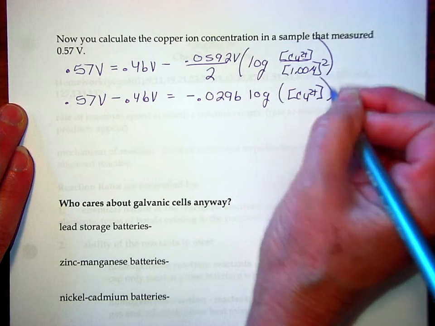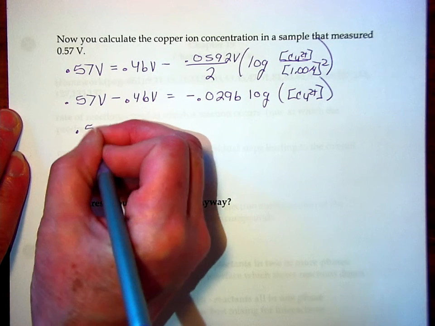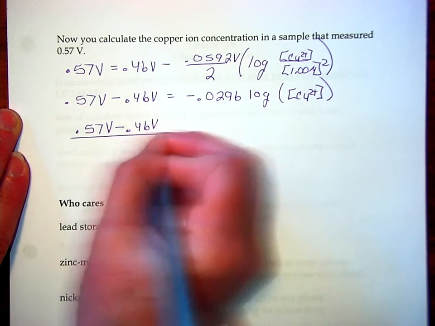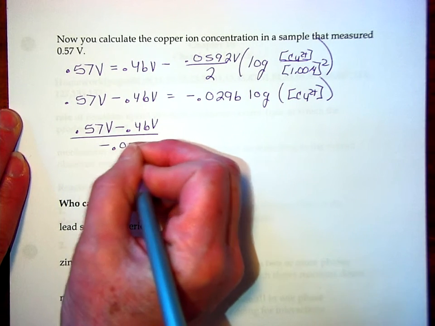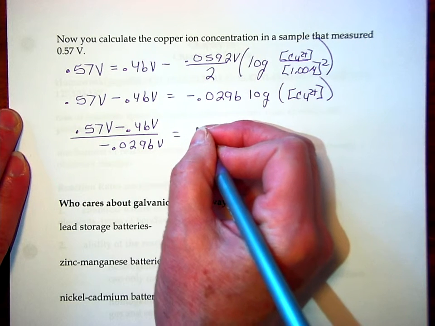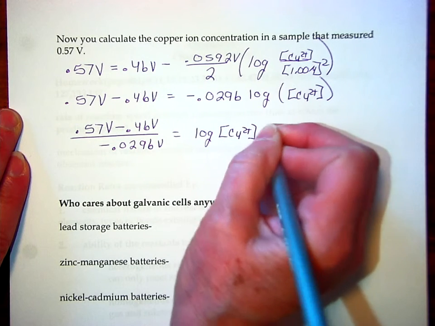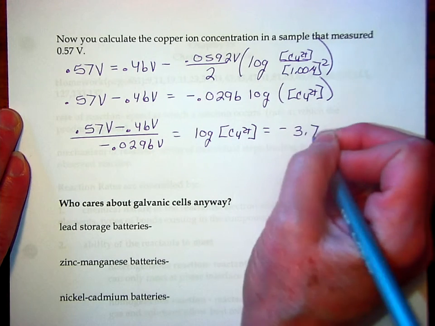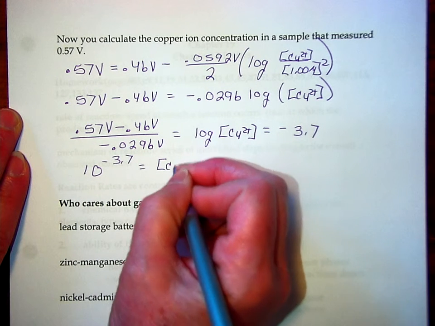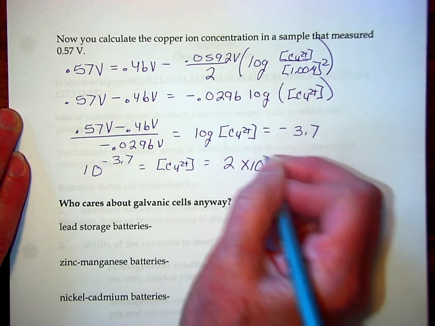Because we're dividing by 1, the silver cancels. So 0.57 volts minus 0.46 volts divided by negative 0.0296 is equal to the log of the copper concentration, which is equal to negative 3.7. So 10 to the negative 3.7 is equal to the copper 2 concentration, and that is 2 times 10 to the negative 4th molar.